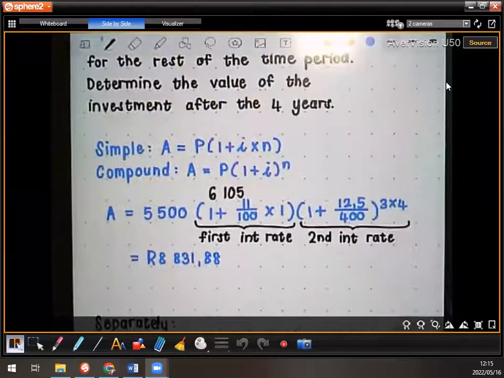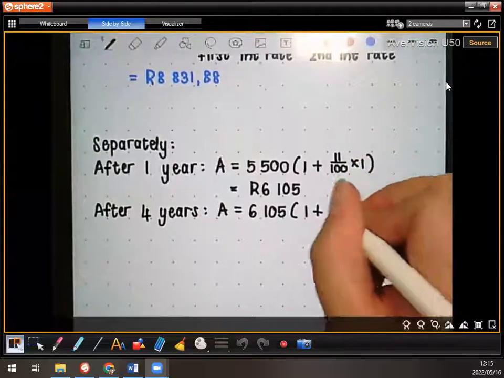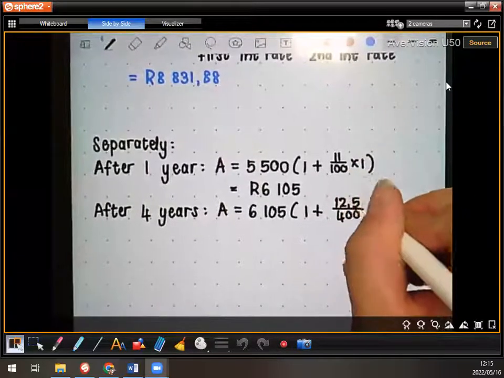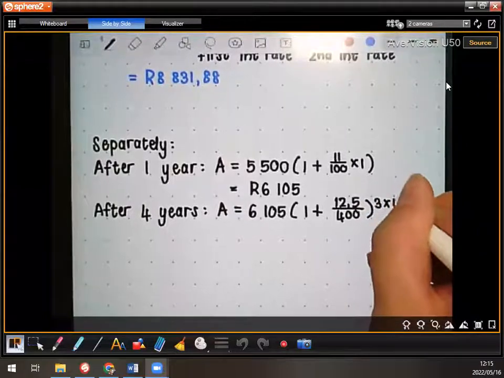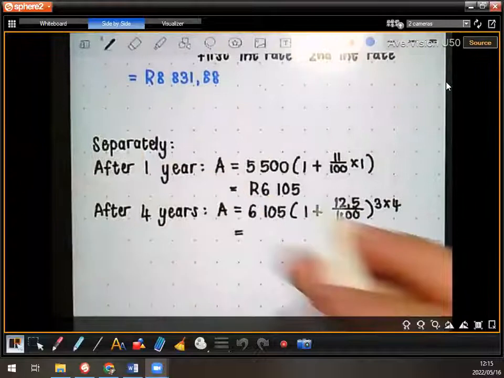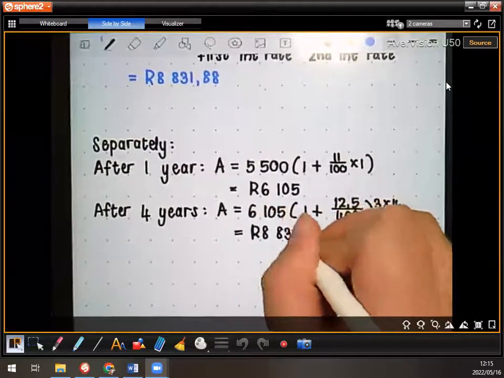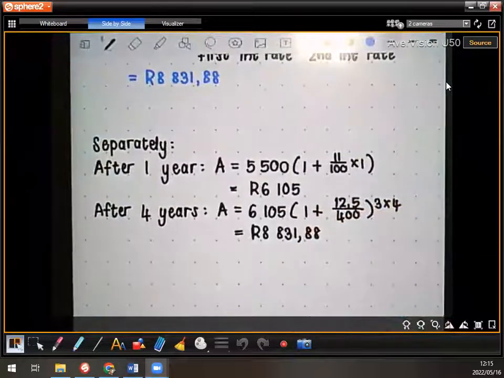What was that again? 12.5 over 400 to the power of 3 times 4. All right, and then you would type that in, and then you would get the same answer. You guys can check, don't believe me. 8,831.88. Right, so that is how you would do it if you wanted to do it separately.